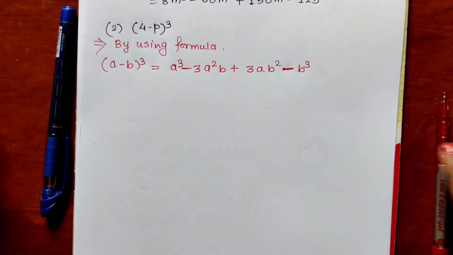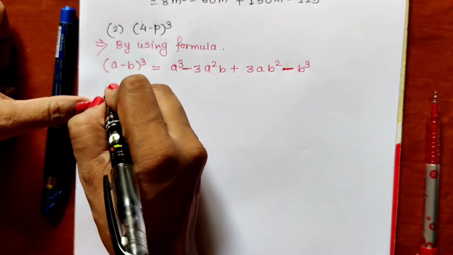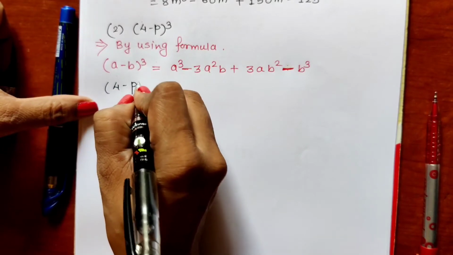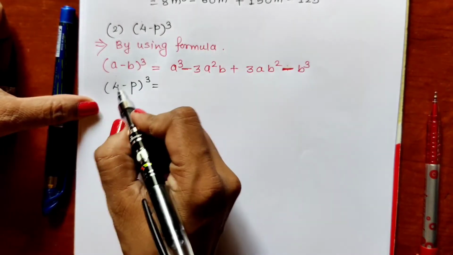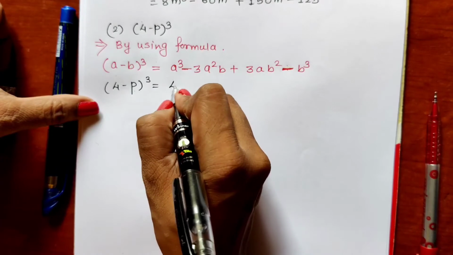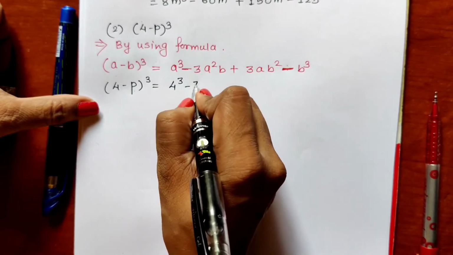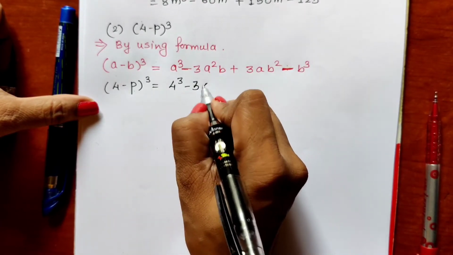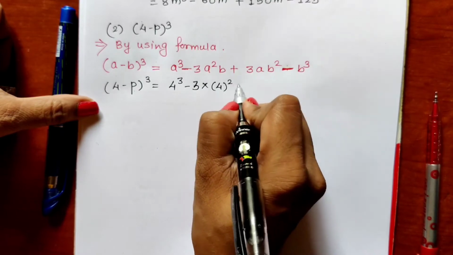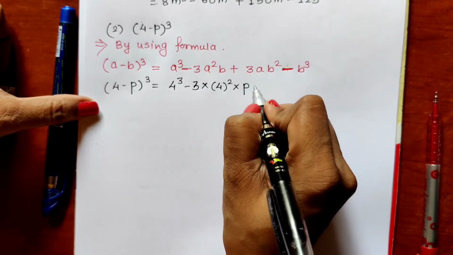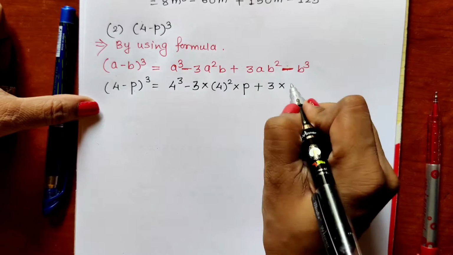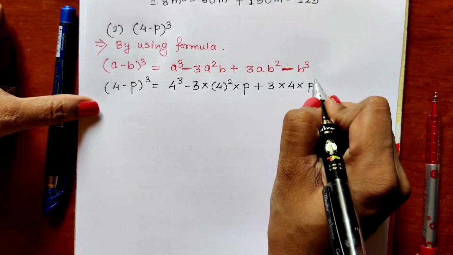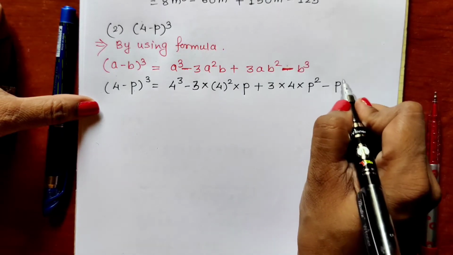Now we will apply the formula. (4 minus p) cube: a is 4, b is p. So 4 cube minus 3 multiplied by 4 square multiplied by p plus 3 into 4 into p square minus p cube.